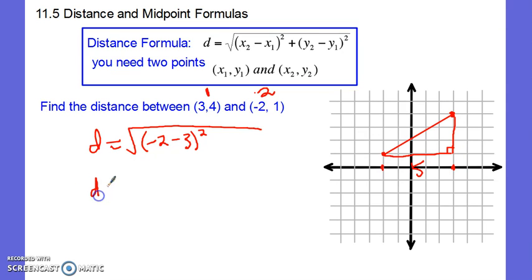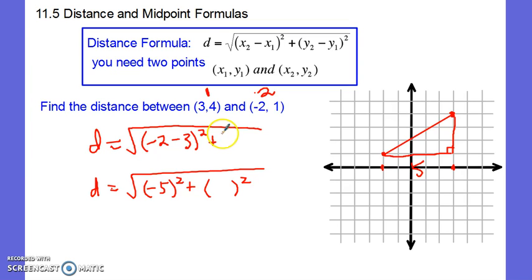Or if we kind of continue that distance formula down here, the first thing I would do is say -2 minus 3 is -5 units squared. Then we're going to add on, just like saying a squared plus b squared, our y minus y.